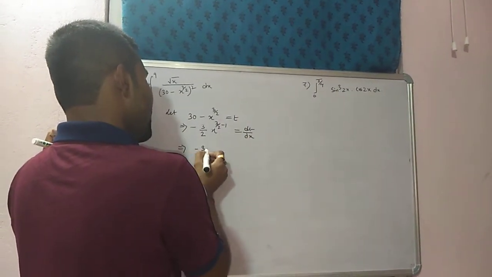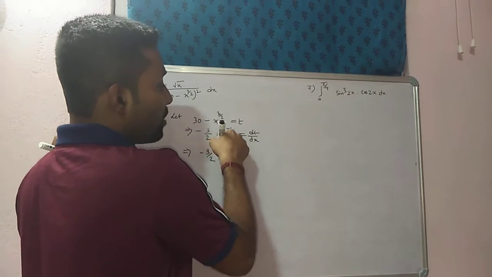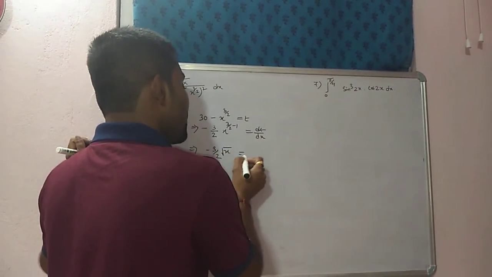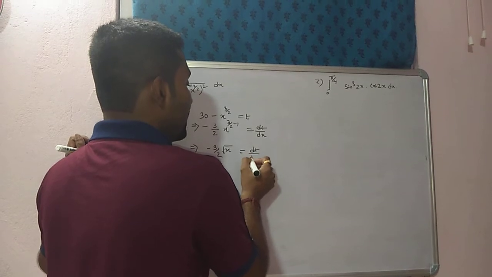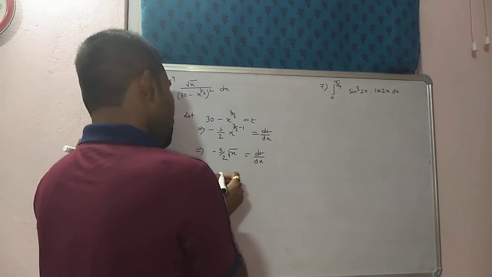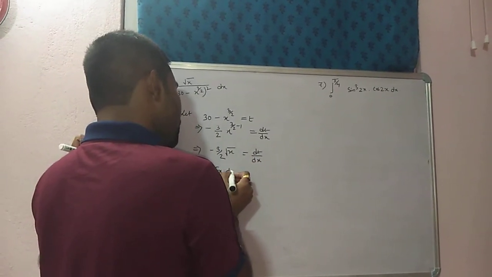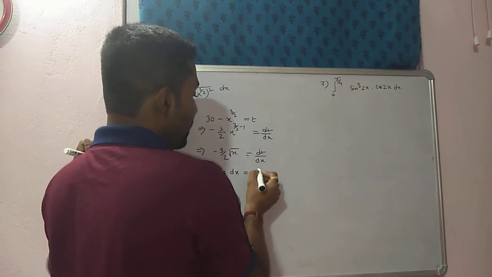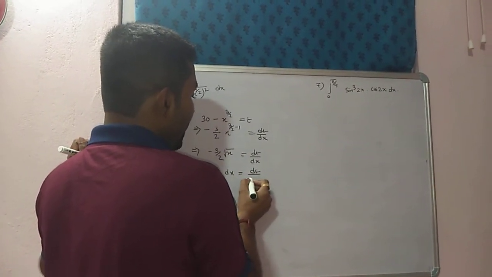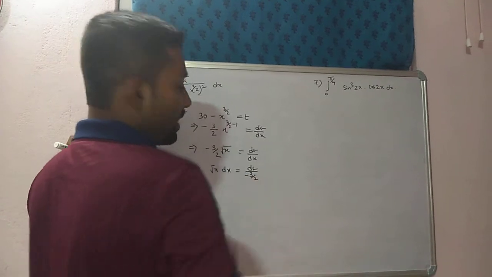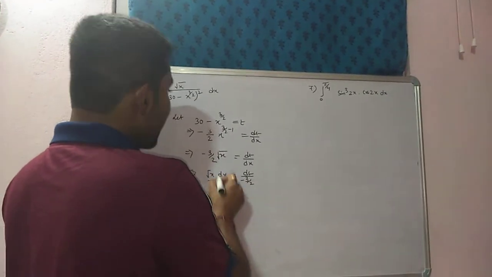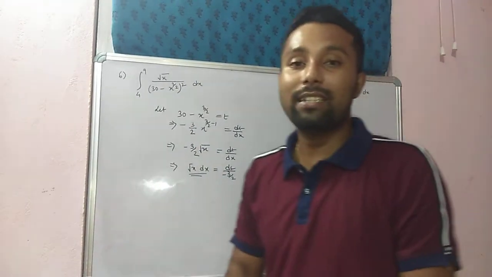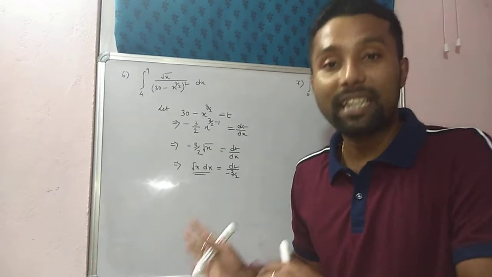So minus 3 by 2, x to the power 3 by 2 minus 1, that means x to the power half, and x to the power half means root x, dt by dx. Cross multiplying, root x dx is equal to dt divided by minus 3 by 2. Whether root x dx is there in this integrand or not? It is there in the numerator, so the substitution method is applicable.